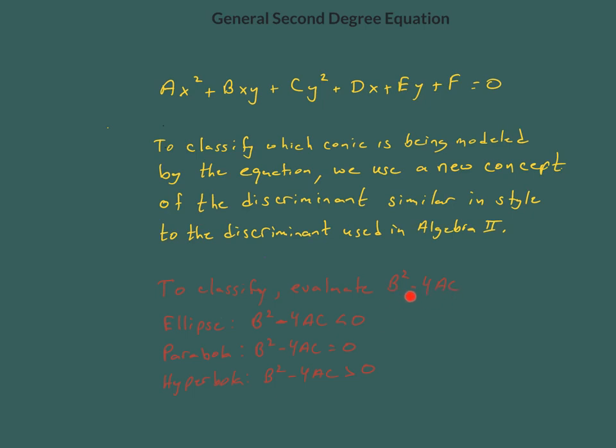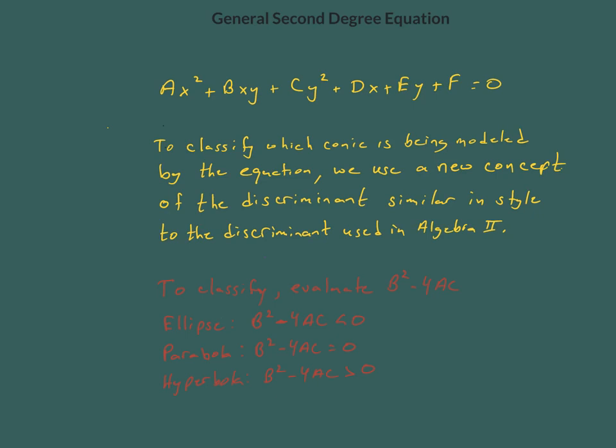If it equals 0, then it's a parabola. If it's greater than 0, a positive number, then it's going to be a hyperbola. That's really what you're going to be looking at on these problems. You'll be given a general second degree equation and asked to classify if you're looking at an ellipse, a parabola, or a hyperbola.